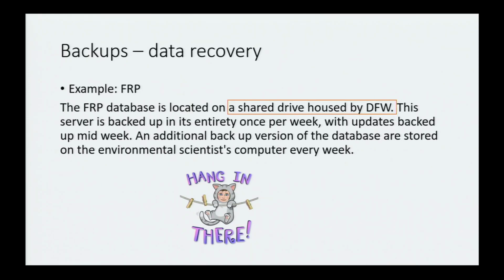That's the where. The when, this server's backed up in its entirety once per week with updates backed up midweek. And then an additional backup version of the database is stored on the environmental scientist's computer every week. Okay, hard drive backup's not great, but given that agency servers can go down and stop you from accessing your data for at least some period of time, always good to have an additional backup.